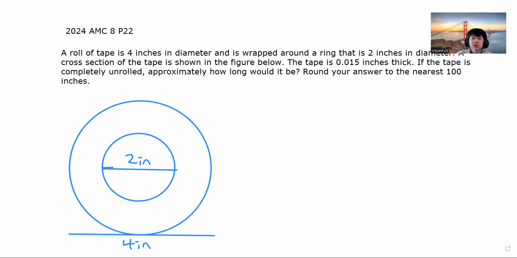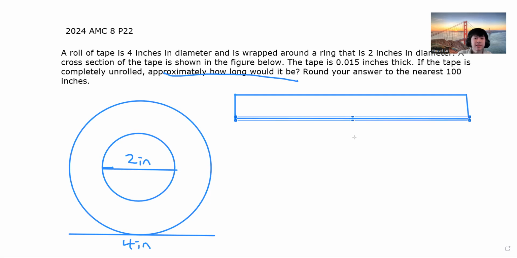So the question asks us to find the length of the tape after the whole thing is unrolled. Once the whole tape is unrolled, it will look something like a rectangle, where the width is 0.015 inches because the problem gives us that it's 0.015 inches thick. The length is how long the tape is. Since the problem gives us the cross section of the tape, we can also take the cross section of when the tape was unrolled, because the depth or the height is going to be the same in both cases.